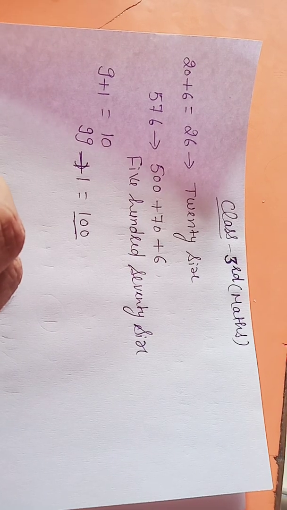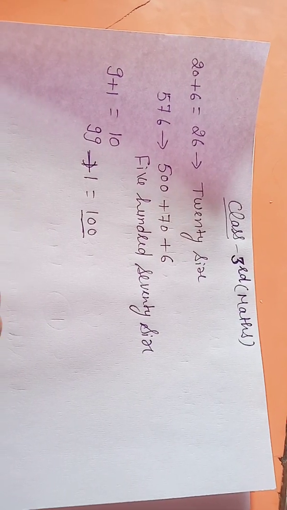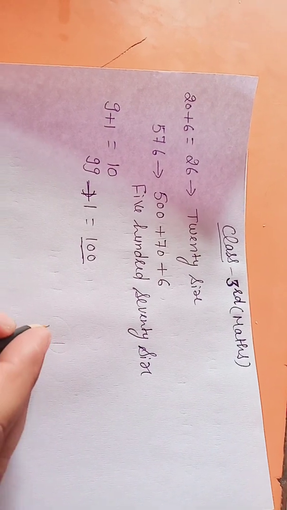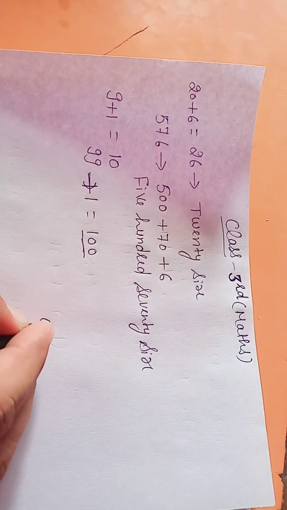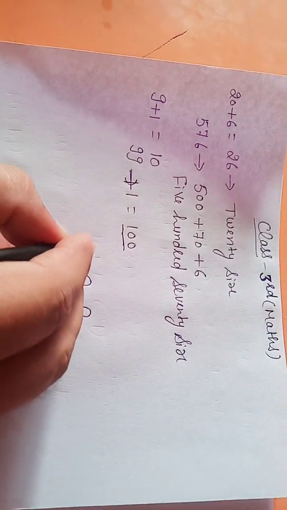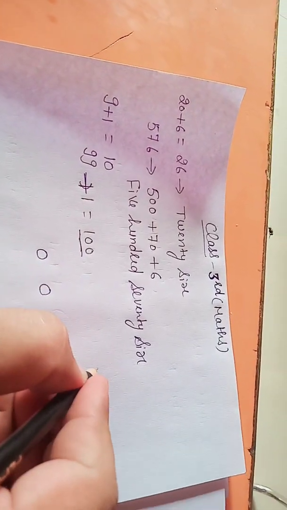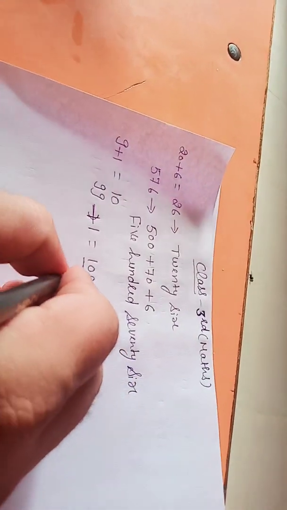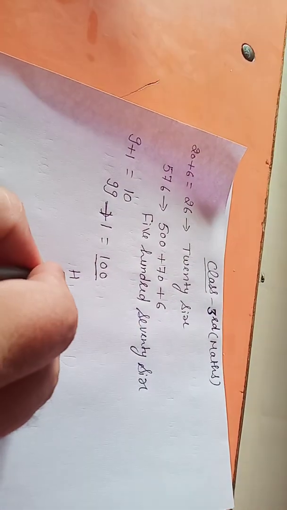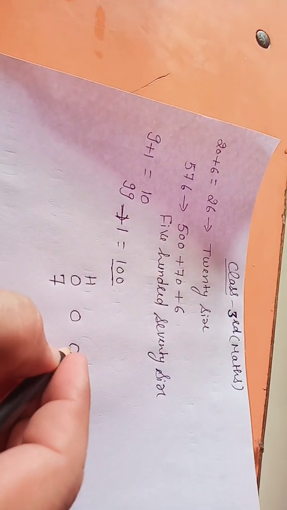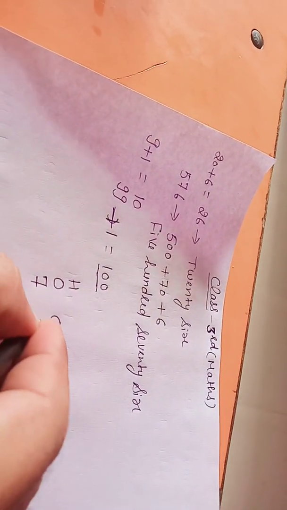If anybody is saying to you, write 706, how can you write this? One time you can write like this. This is ones, this is tens, and this is hundreds. Saying how much? Saying 700. In place of hundreds, what's coming? 7. 706. 6 is what? 6 is a unit digit, so you can write it here.